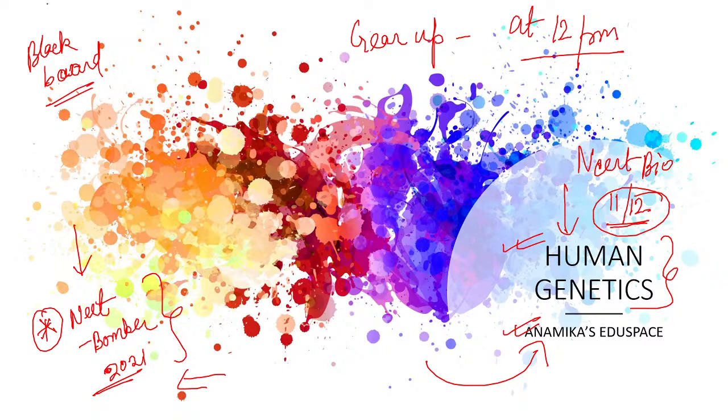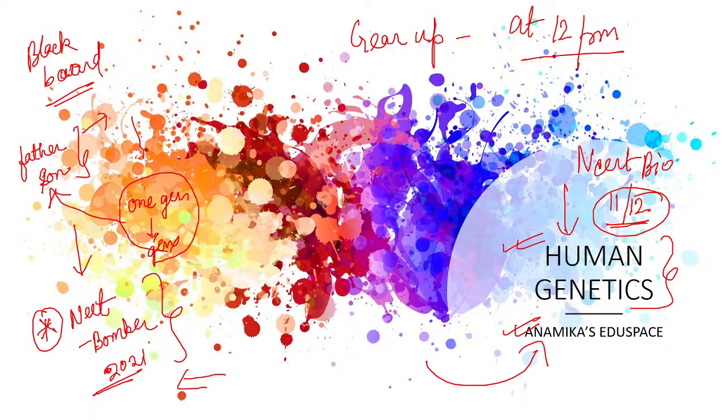Starting with genetics, we must know what a gene is first, right? We know that there are some characters which are transferred from one generation to another, and due to this transfer of characters, the father and the son look somewhat alike.